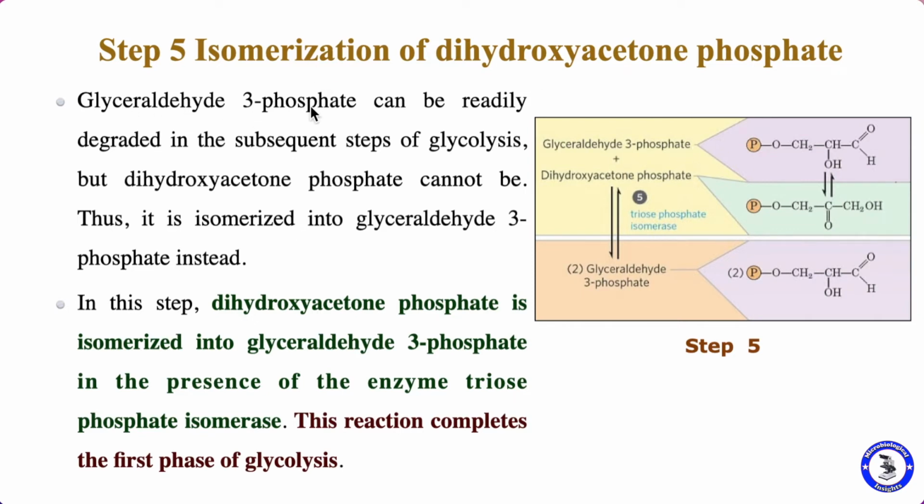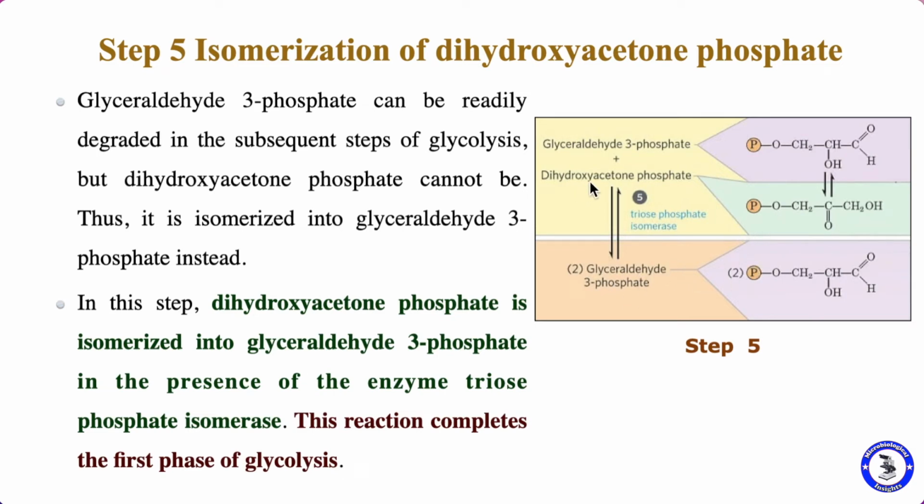Glyceraldehyde 3-phosphate can be readily degraded in the subsequent steps of glycolysis, but dihydroxyacetone phosphate cannot be degraded easily. So it isomerizes its structure into glyceraldehyde 3-phosphate. These are the structures of glyceraldehyde 3-phosphate and dihydroxyacetone phosphate.